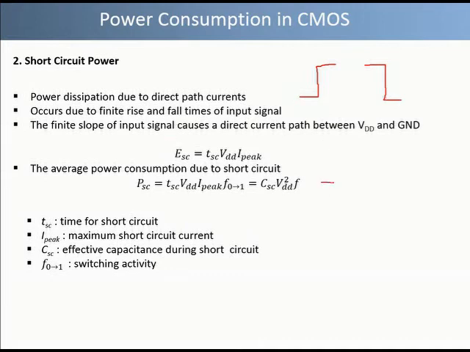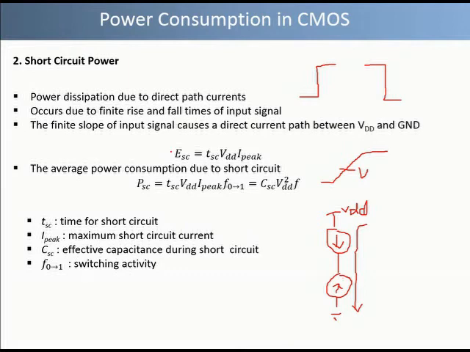Every signal has some finite slope during low to high or high to low transition, and due to these finite rise and fall times of input signals, for each transition there occurs a certain value of input voltage at which both the NMOS and PMOS transistors in the pull up and pull down network are simultaneously on, and as a result a high short circuit current passes through the direct path between VDD and ground.